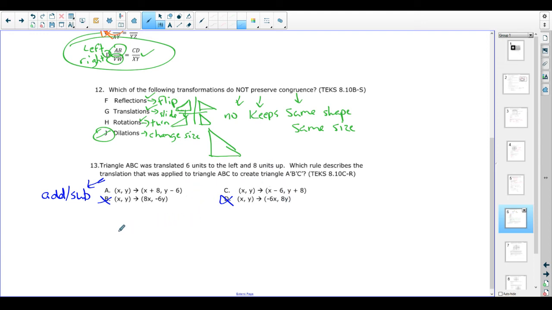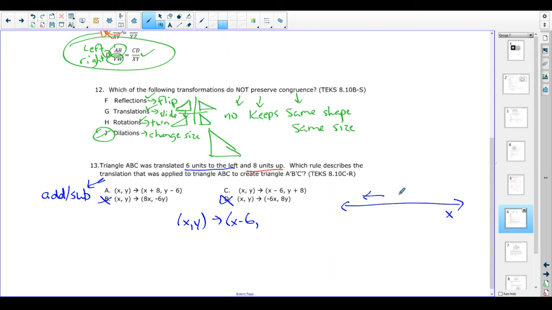Oh well. Okay. So 6 units to the left. So we say which of our coordinates, X or Y, is capable of moving left and right. So if this is left and right, and this is the X-axis. So X goes left and right. If we go to the left, it's getting smaller. Remember our number line. So part of our rule should be (x, y) goes to (x - 6, and then we look at y.